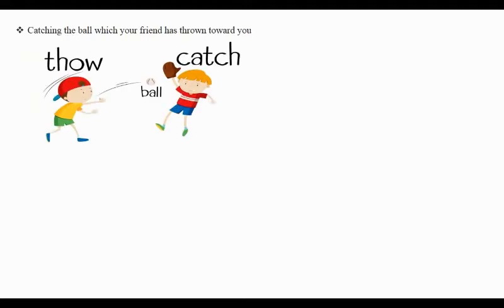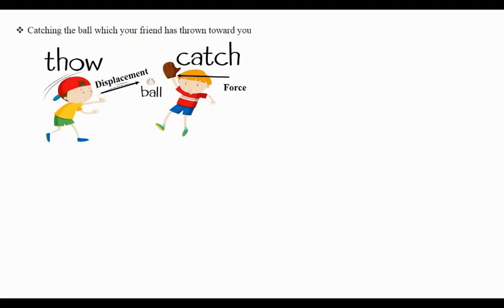Now, catching the ball which your friend has thrown toward you. In that case, your friend is throwing a ball and you try to catch it. When your friend throws the ball, the displacement of the ball is toward you, and when you try to catch it, you apply the force opposite to the displacement with your hand.